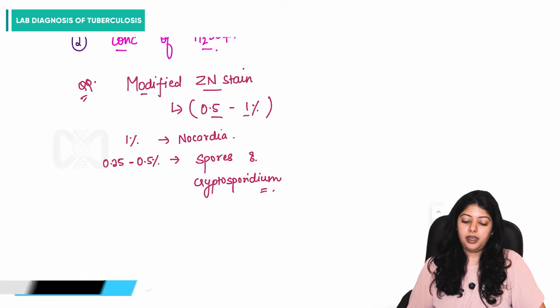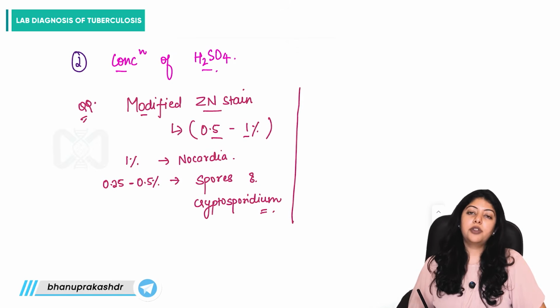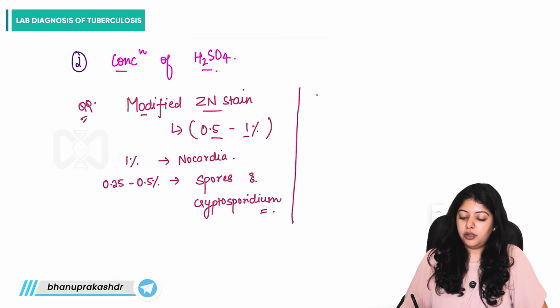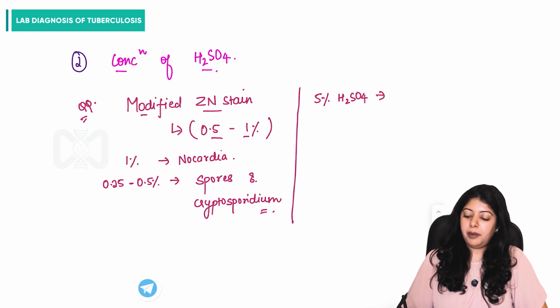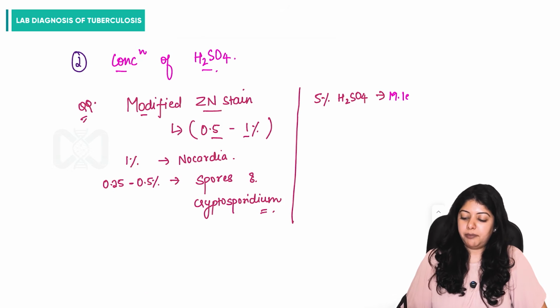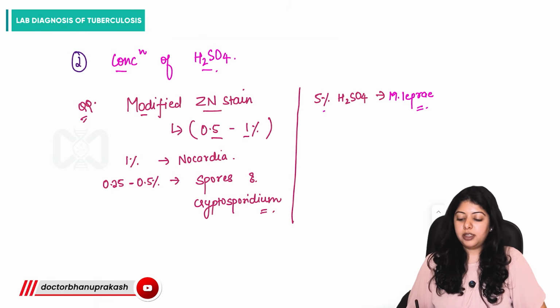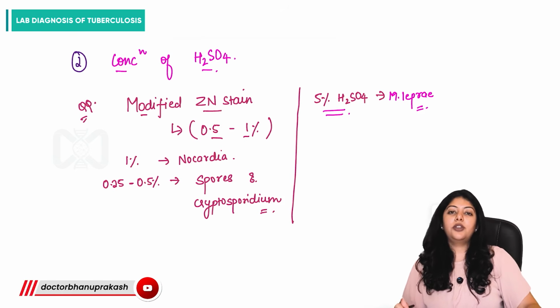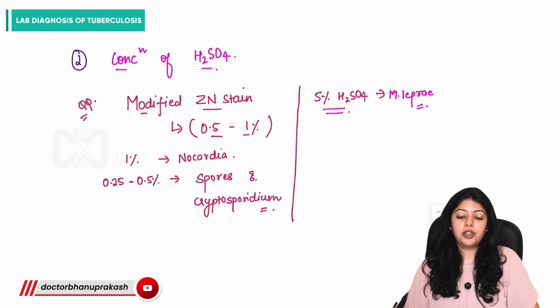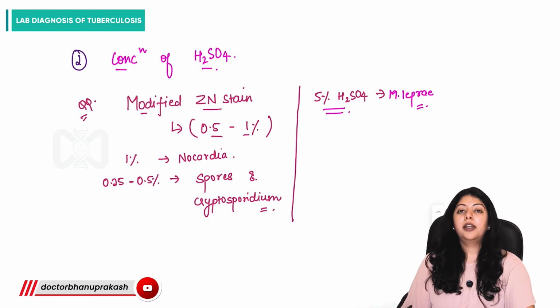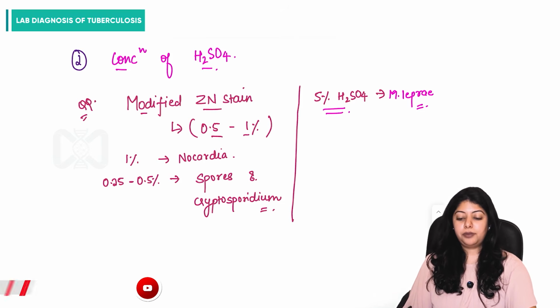Right? And another modification which is done, it is the use of 5% H2SO4 for staining of Mycobacterium leprae. So these are the different concentrations, different changes in concentrations that are used for different staining purposes.